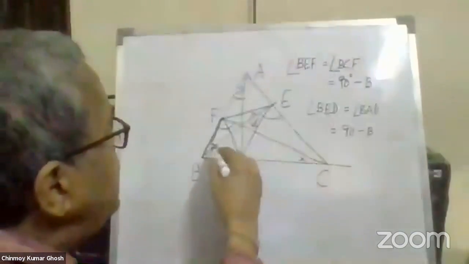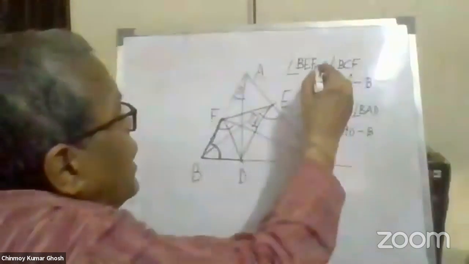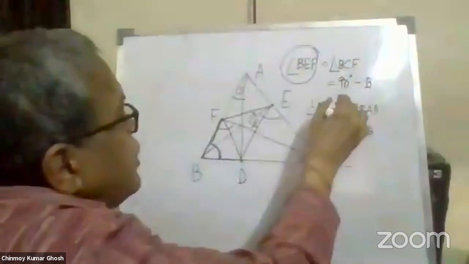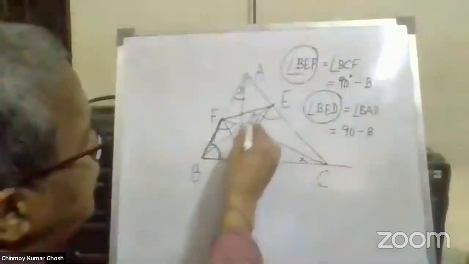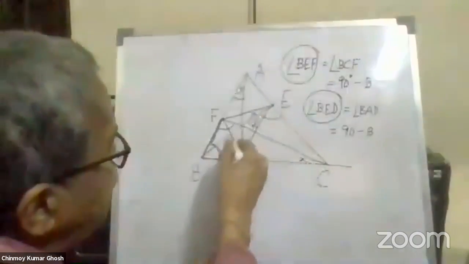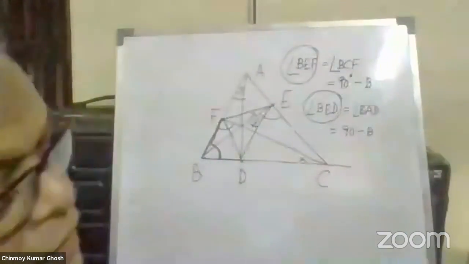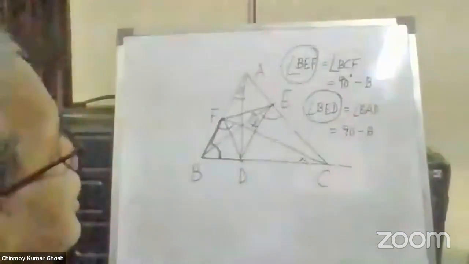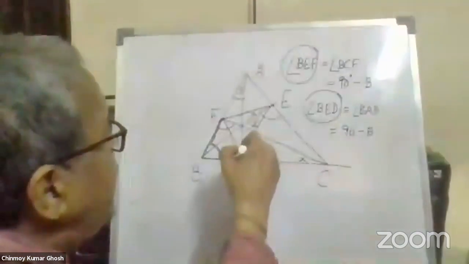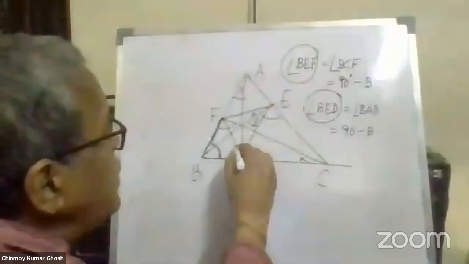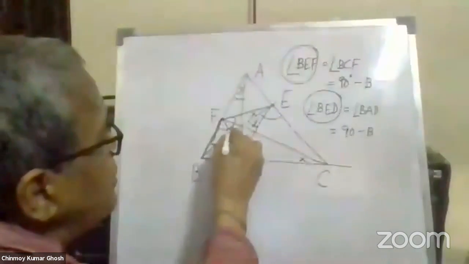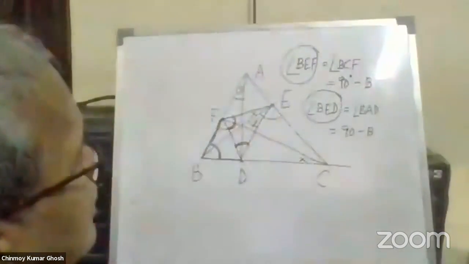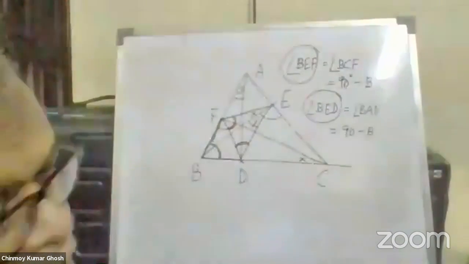So angle BEF and BED are one and the same. So this straight line EB is the bisector of the angle DEF. Likewise, AD is the bisector of the angle EDF, and FC is the bisector of the angle EFD.